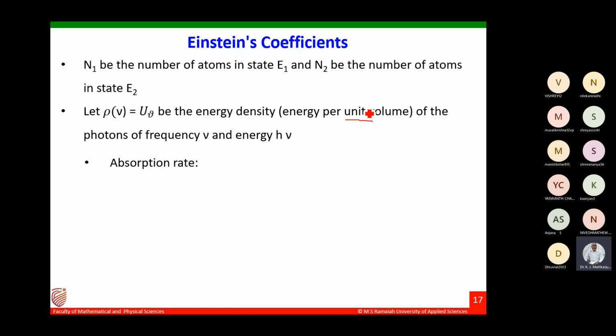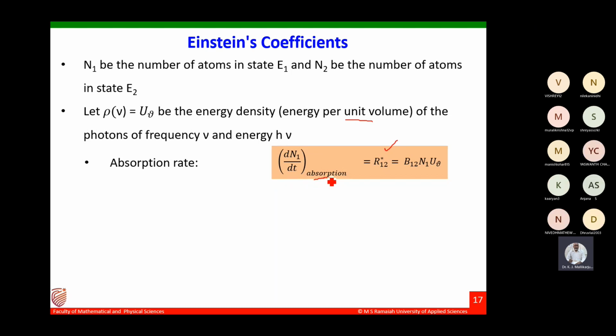Now let us summarize all these processes in one slide. Absorption rate R12 star, dN1 by dt with absorption, is given by B12 N1 u nu.